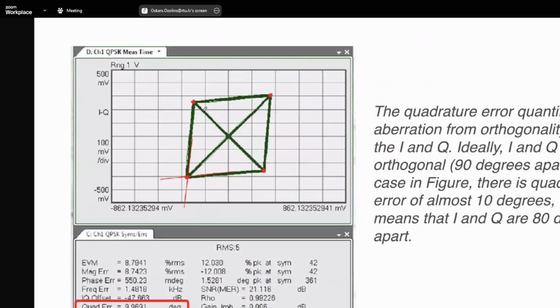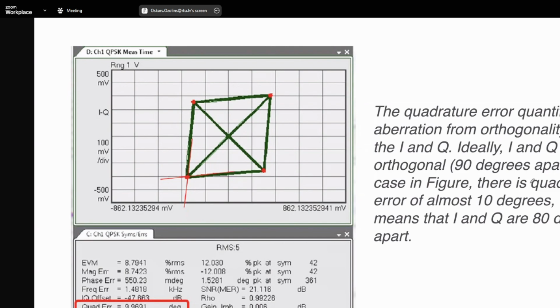And there could also be non-orthogonality. If the signal is not orthogonal, then you don't get a square. You start to get rhomb-like shapes of the signal.